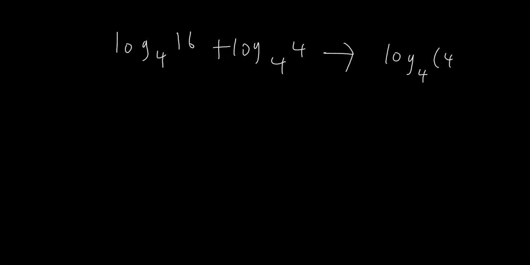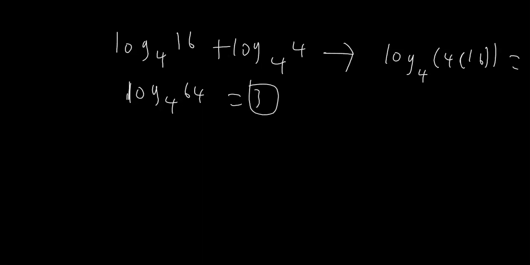Okay, now for adding, let's just do log base 4 of 16 plus log base 4 of 4. You can actually rewrite this as log base 4 of 4 times 16, and this would just give you log base 4 of 64, and this is equal to 3.